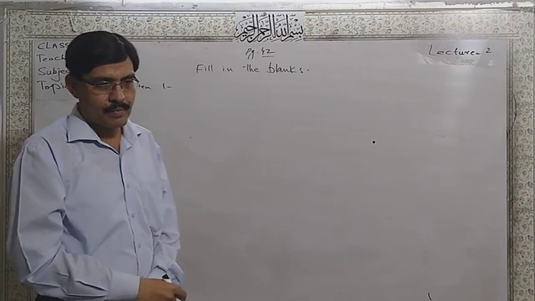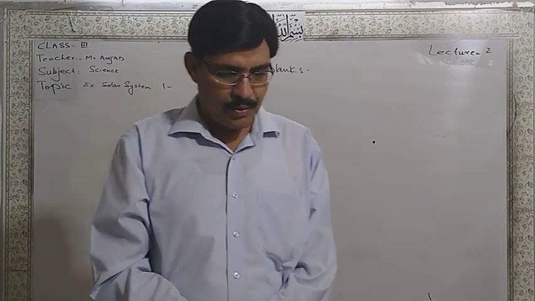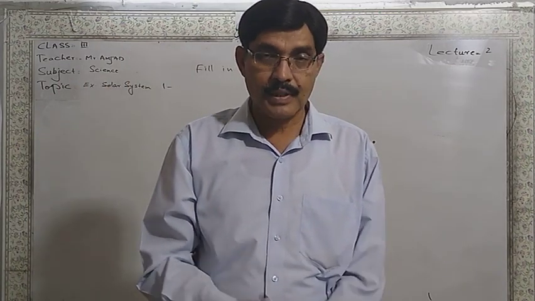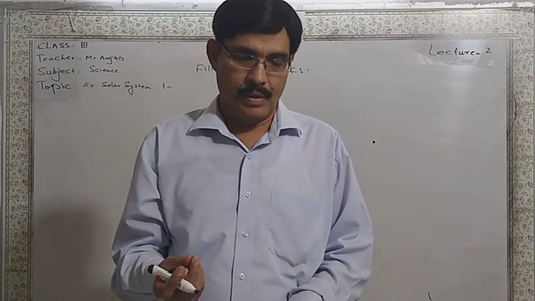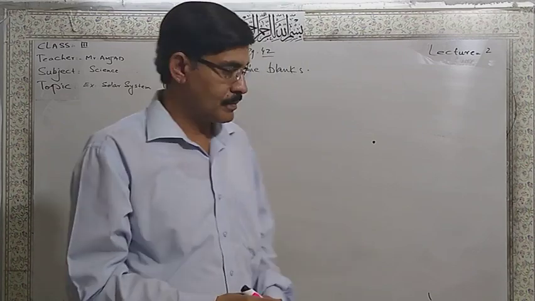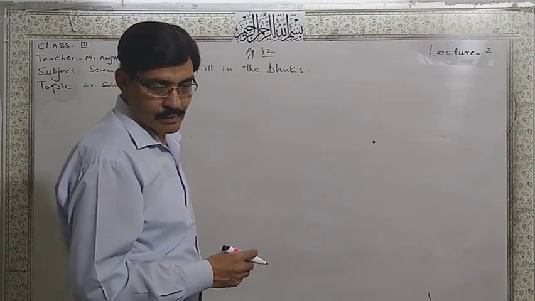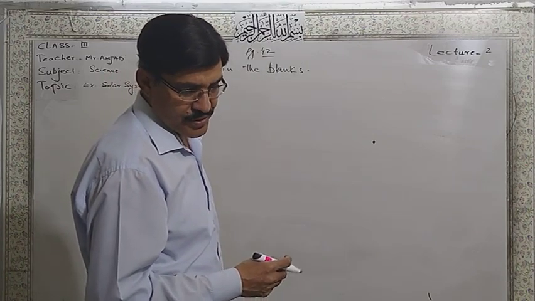Number 1. The coldest planet of the solar system is, which is that one? Neptune. I just write the answer with a sentence.